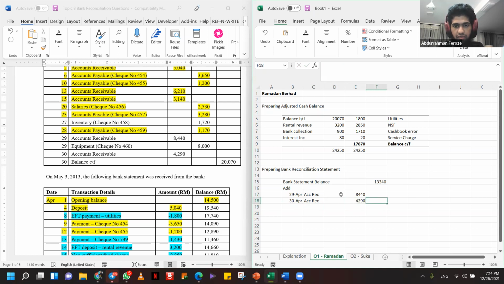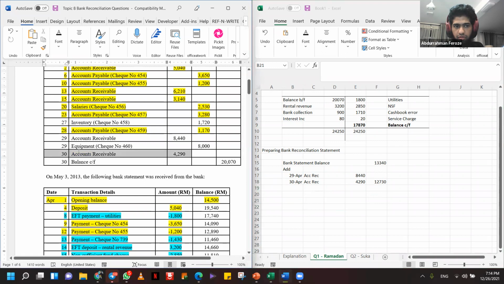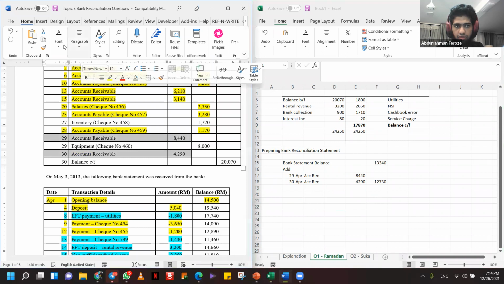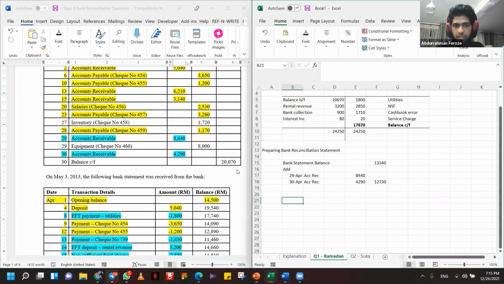And then here we have, can put this value. So that needs to be added, right? And then, so that is covered.